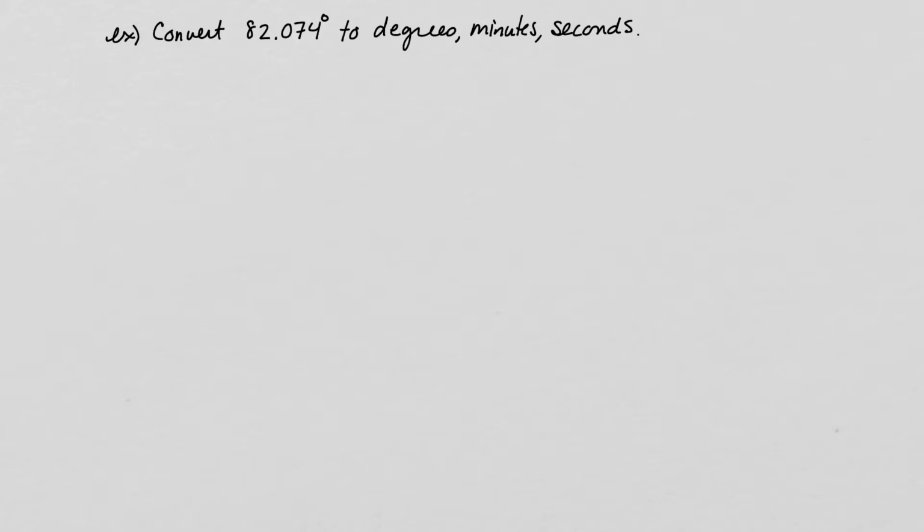Okay. So the degrees, minutes, and seconds, the minutes and seconds part, it's taking care of this decimal part. So that's the first thing I'm going to do here. I'm going to split this up into 82 degrees plus 0.074 degrees.